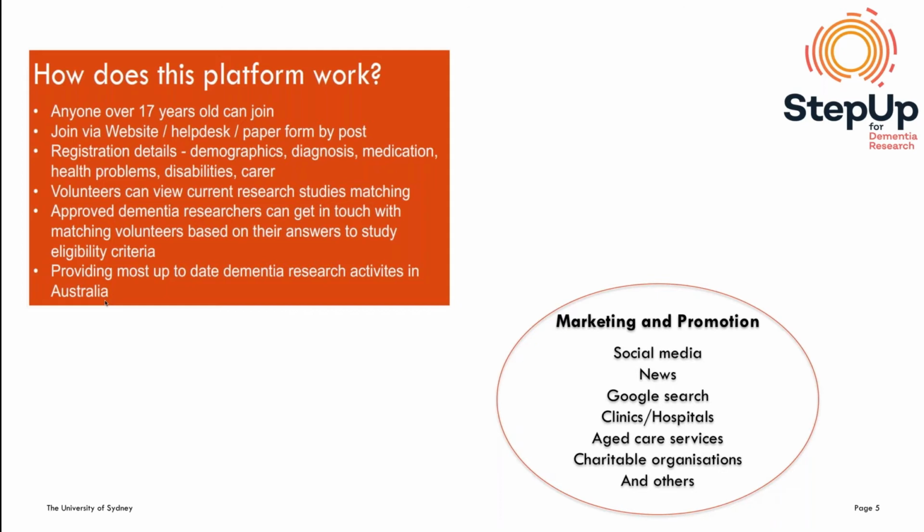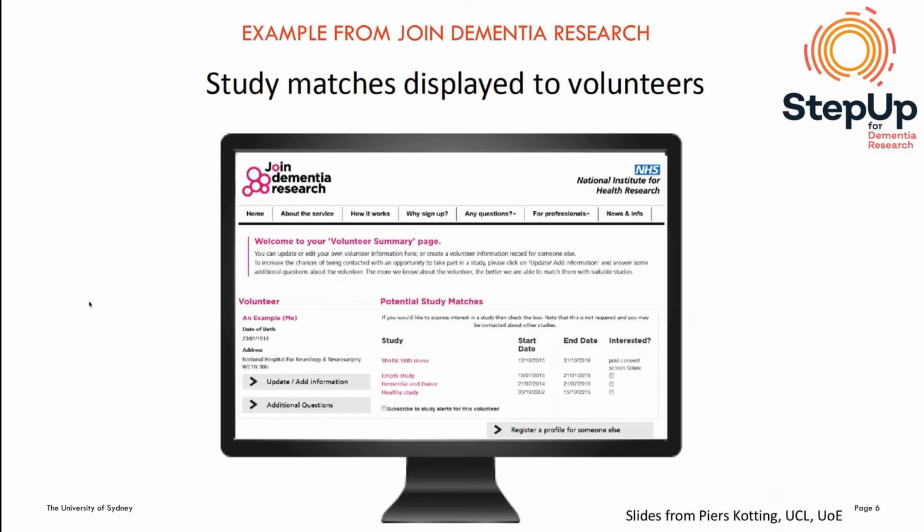We really want to reach out to people, and by doing that, we're not just recruiting people to sign up for Step Up. We are also aiming to improve dementia research literacy in Australia. So this is what we are trying to do, and this is how it works.